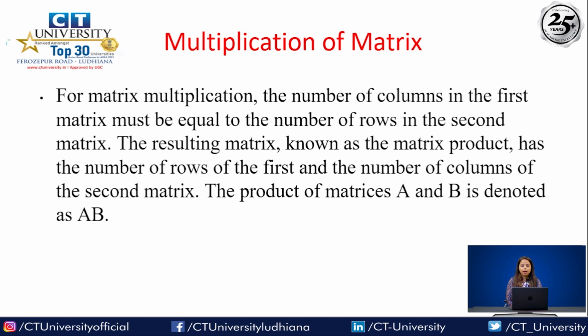The resulting matrix, known as the matrix product, has the number of rows of the first and the number of columns of the second matrix. The product of matrices A and B is denoted as AB.